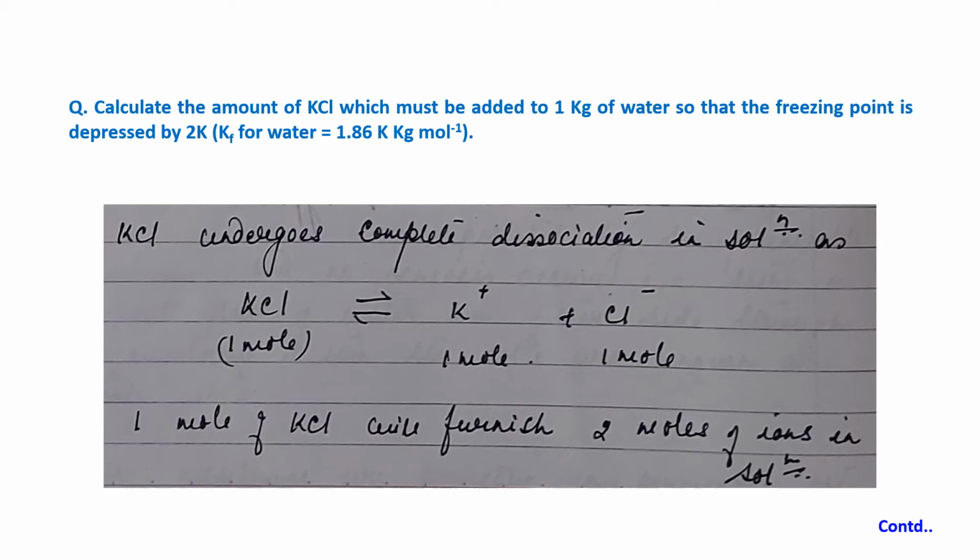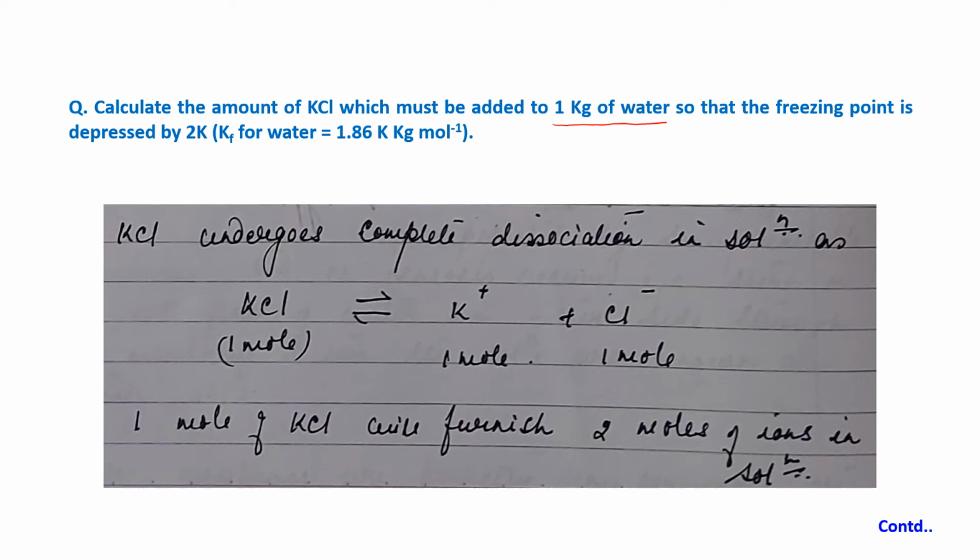Next question. Calculate the amount of KCl which must be added to 1 kg of water so that the freezing point is depressed by 2 Kelvin. Children, please see the question.